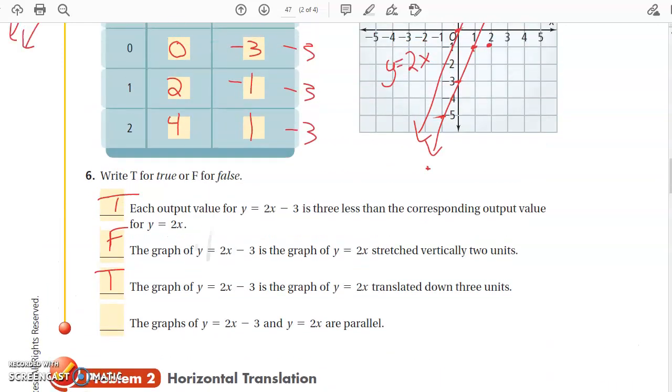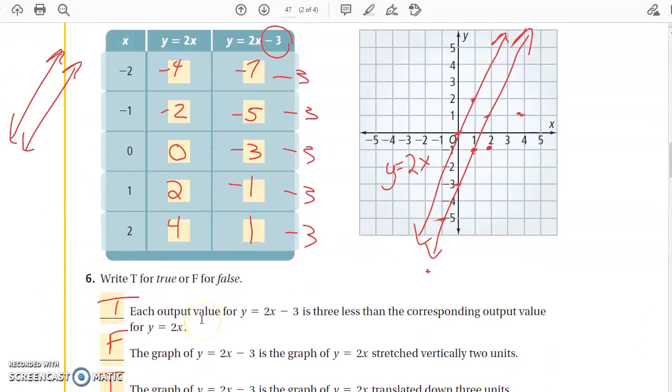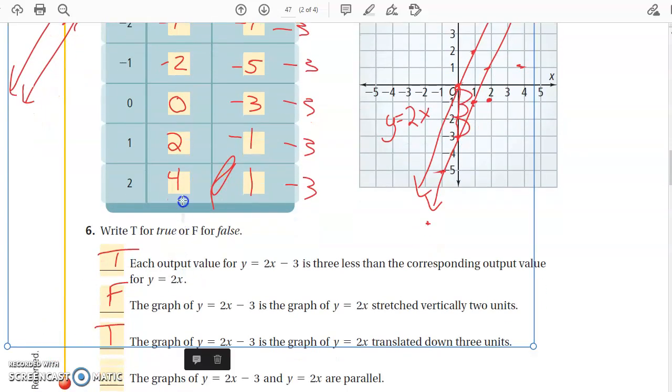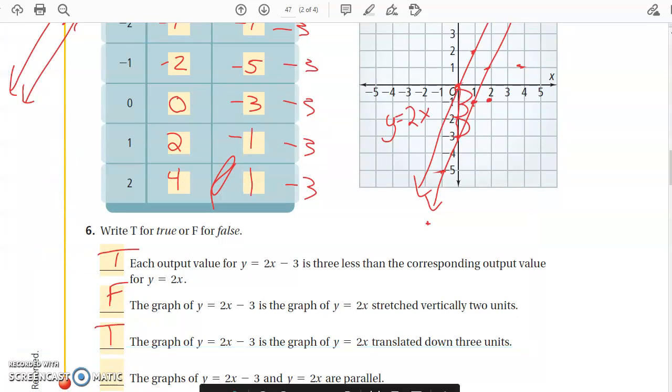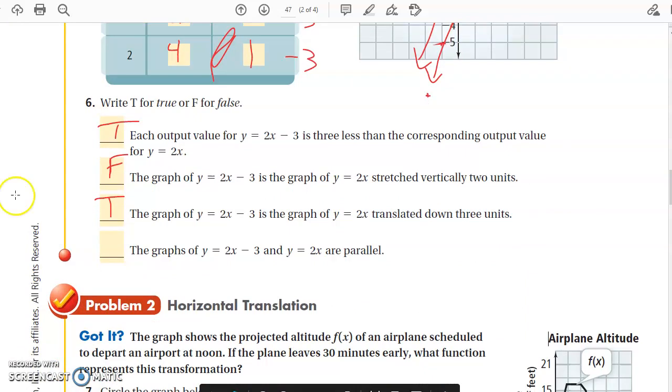You could probably look here. We have 1, 2, 3 translated units, right? So we would say true for that one. And number 4, the graphs of y equals 2x minus 3 and y equals 2x are parallel. And that is 100% true.